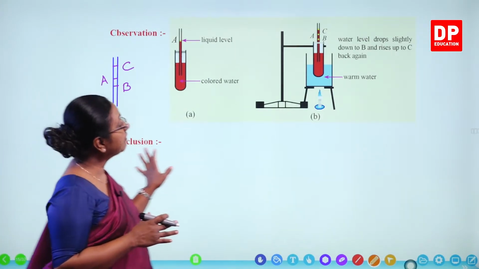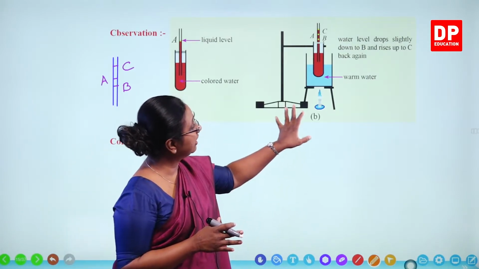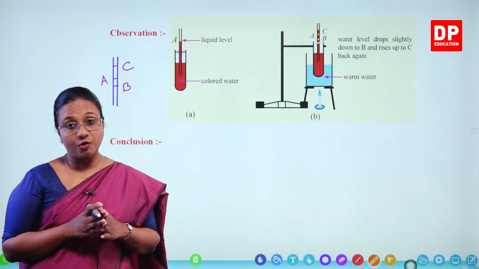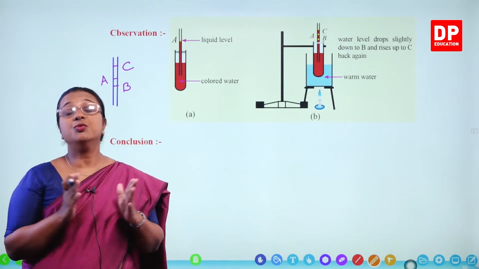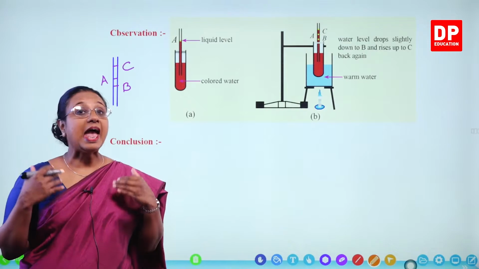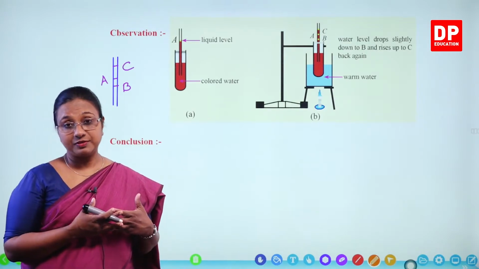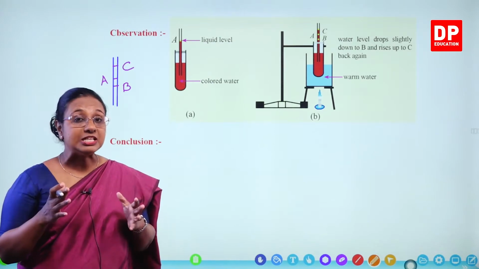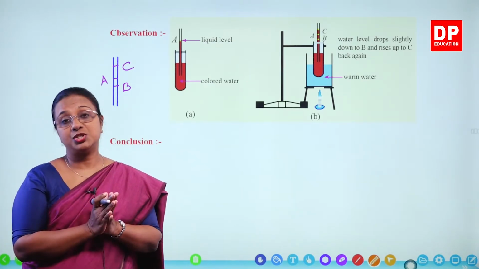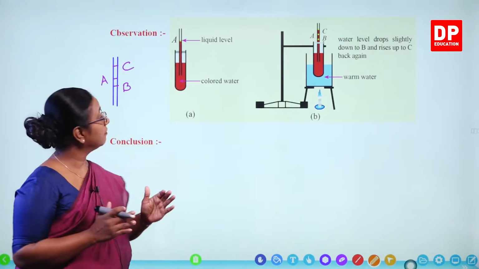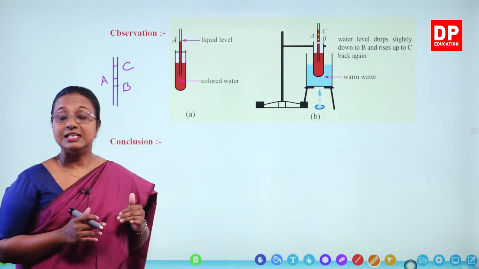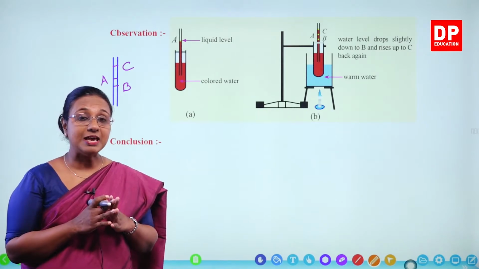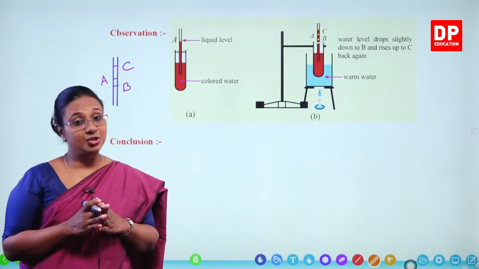Now when we provide heat, as I told you, heat is transferred to the test tube containing colored water. First the test tube will absorb heat, and the test tube, you know, is made up of glass, so that also undergoes expansion. So initially the volume of the test tube increases. Then of course the water level inside the tube will decrease. Why? The volume of water is the same, but the volume of the test tube increases.